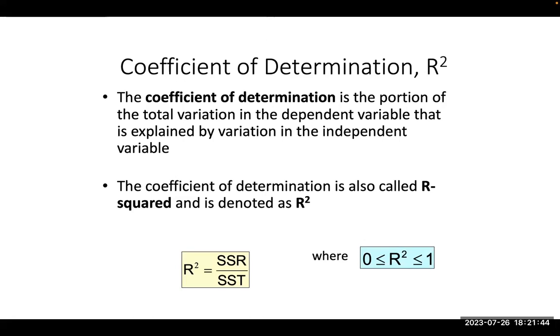And now when you quantify what is called the coefficient of determination, or r squared, you're calculating the ratio between the sum of squares regression and the total sum of squares. So when you think about that, what does that mean?